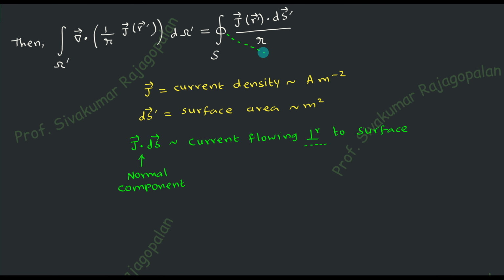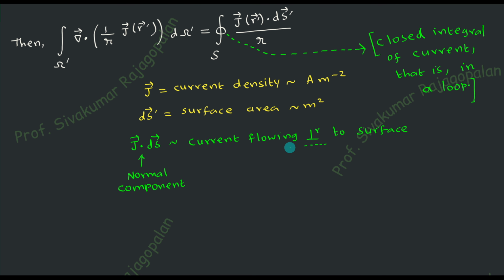So whenever you are going to have an integration like that, that integral is a closed integral. You are going to use all this information to consider what will happen to the integral. So you are going to perform a closed loop integration. In that closed loop, current is flowing. That's all. You can imagine this kind of situation with the one in your circuit theory.